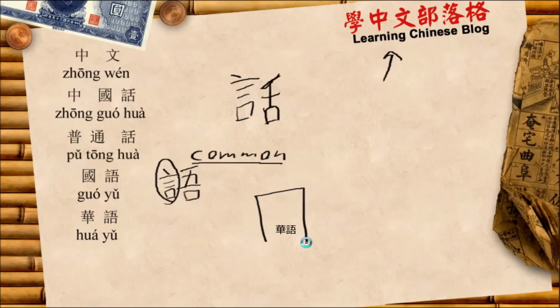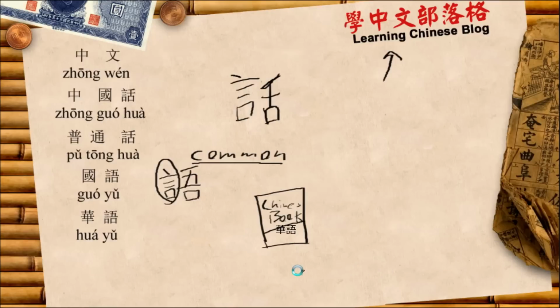I know my books always had this character on the front, and I was always like, what's Huayu? It was my Chinese book. You'll probably see it on your textbook. It's pretty common, but I didn't hear it spoken so much. I always just saw it written on things. If you see this, just understand that this Hua is talking about Chinese in general, the whole of Chinese, like culture and language.